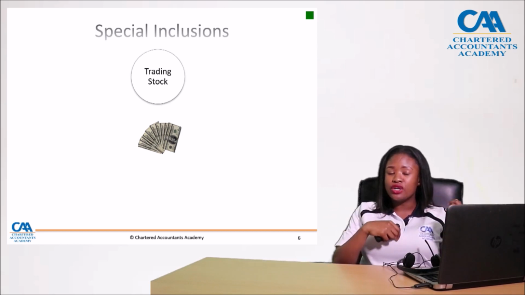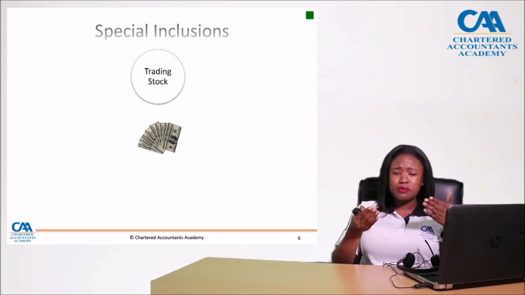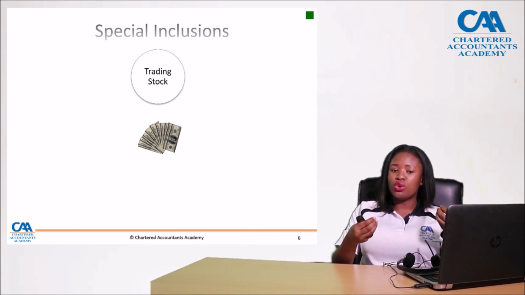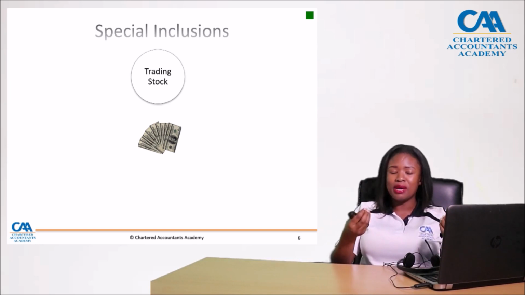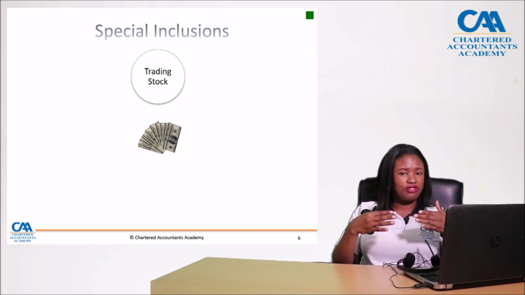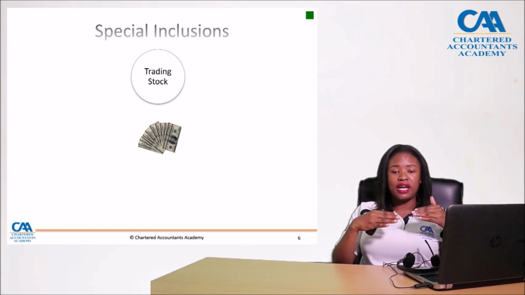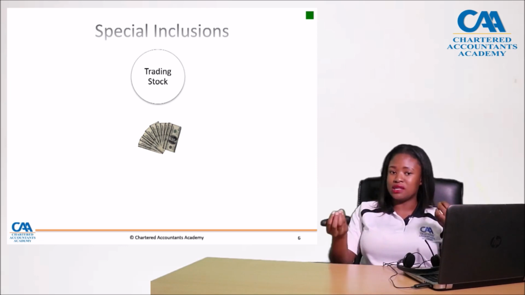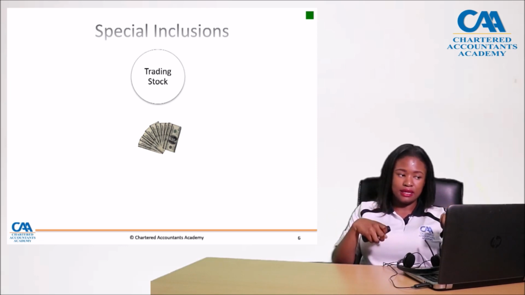Should I use the market value, the cost, or any other value provided by the second schedule? Ideally, because we are including it in gross income, it will be best for the taxpayer to include the one with the least value, and usually that is the cost, unless maybe the stock is obsolete and the market value is lesser.